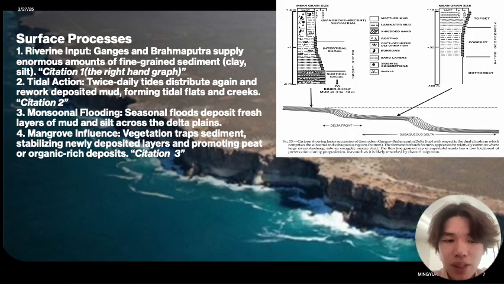So why does the massive sediment load build the delta? The cause is tidal action, monsoonal flooding, and the stabilizing influence of mangrove forests. If you see the right-hand graph, it shows how the sediments are located at the river.